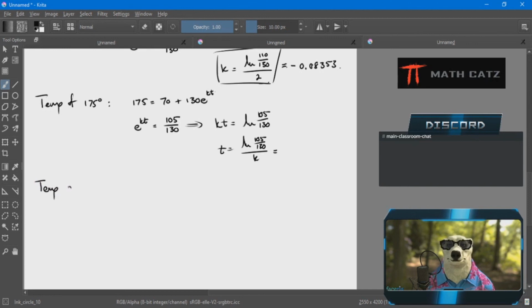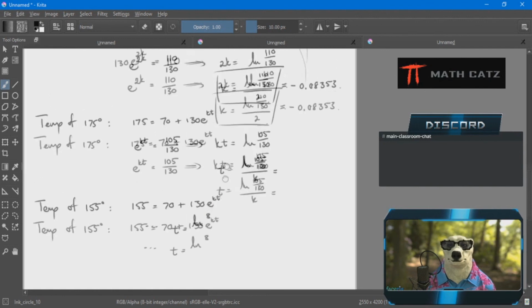I also want to know when the temperature is 155. That's the end of my window. So it's going to be exactly the same with a 155 for y, but follow the same pattern, and everything. You can verify that it's going to be the natural log of 85 over 130. 85.